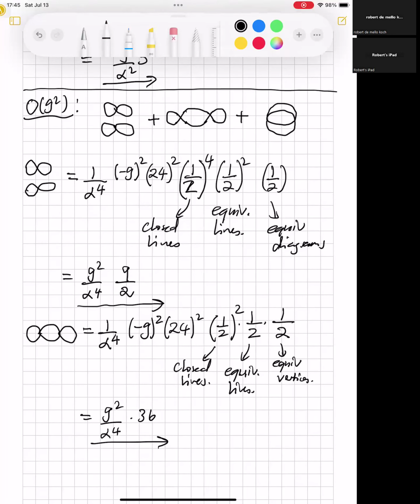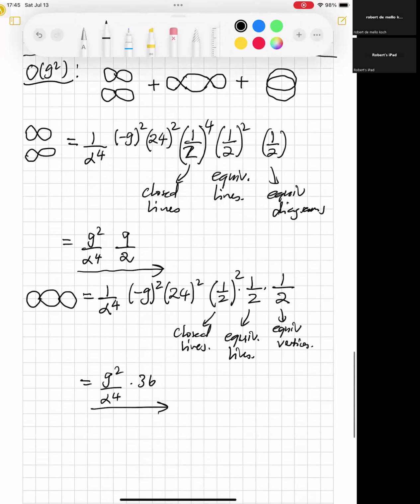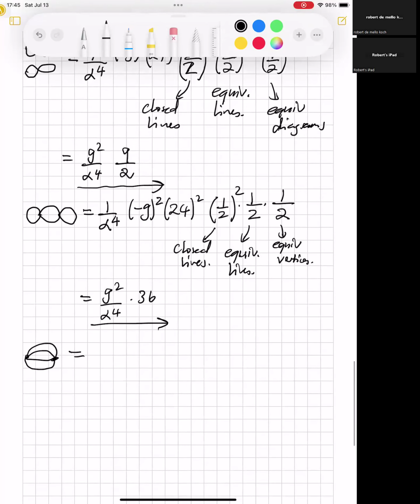Okay, let's now take care of the final diagram. And the final diagram looks like this. Good. So what is this equal to? Well, once again, there are 4 lines, so 1 over alpha to the 4. There's 2 vertices, so we've got a minus g squared and a 24 squared.